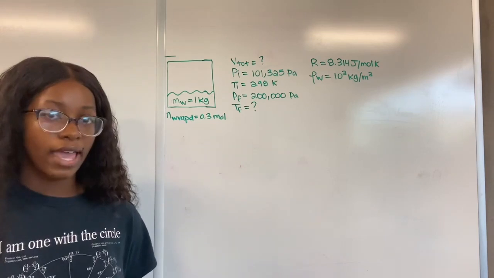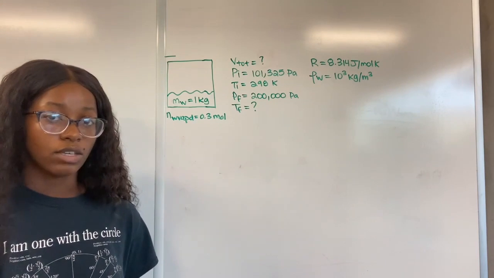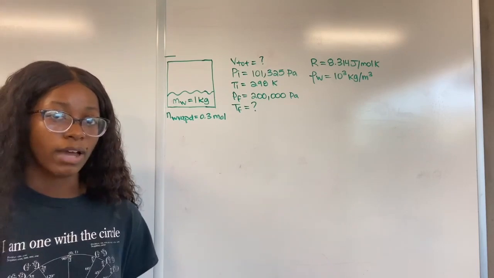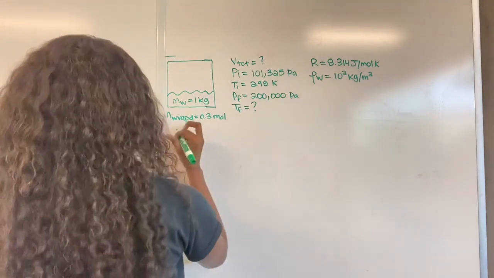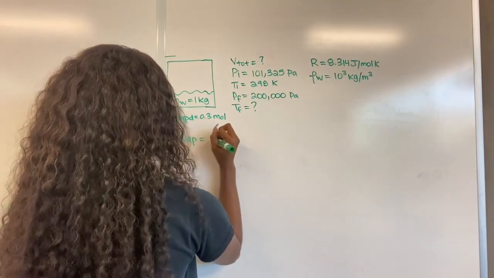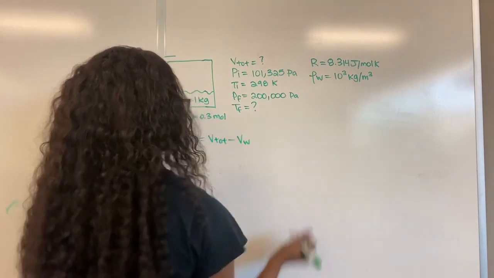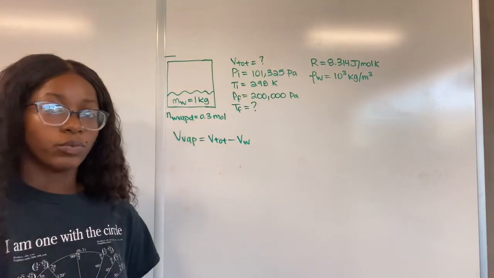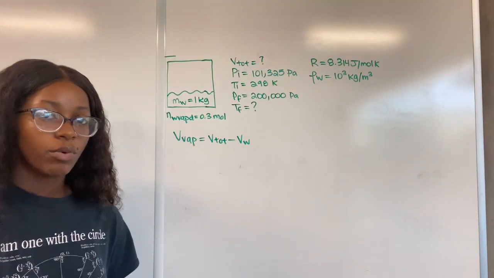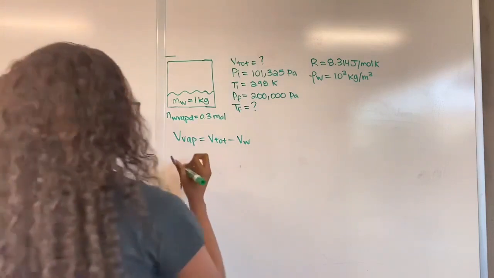To approach this scenario, we are going to want to utilize some of the calculations that we did in part A. The first one being the volume of the vapor phase is equal to the total volume of the container minus the volume of liquid water. And we also know that the volume of liquid water is equal to the mass of water divided by the density of water.